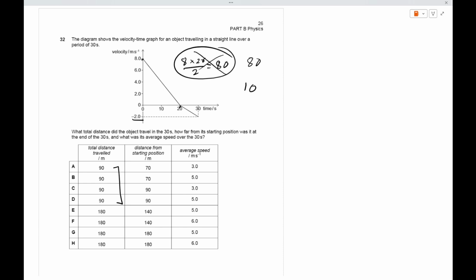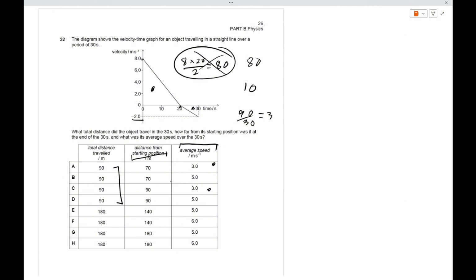Then the next easy thing you can do is find out the average speed. You know that the total time is 30 and the total distance is 90, so it's going to be 90 divided by 30, which is equal to 3. You know that it's going to be one of these two. Then for the distance from the starting position, you have to do this distance minus this one.